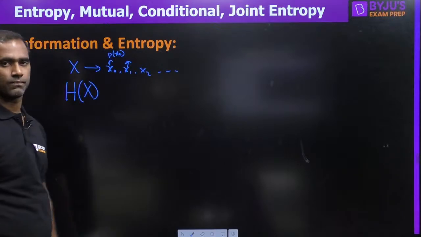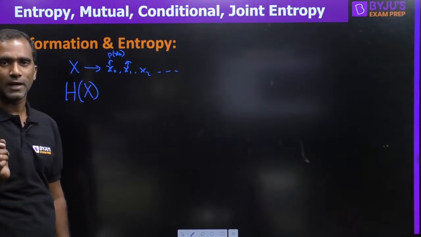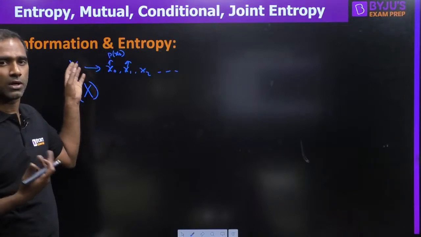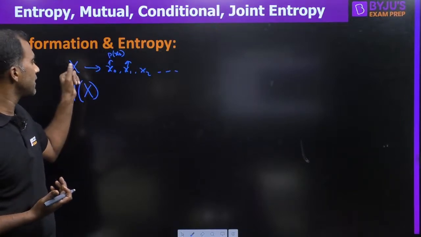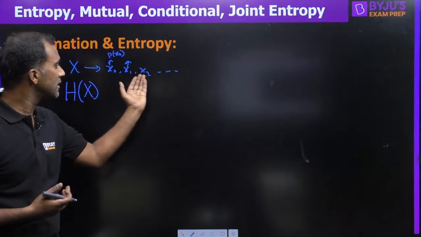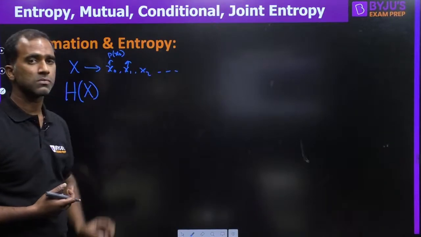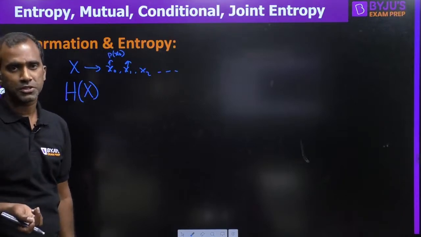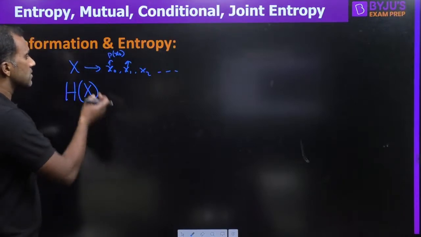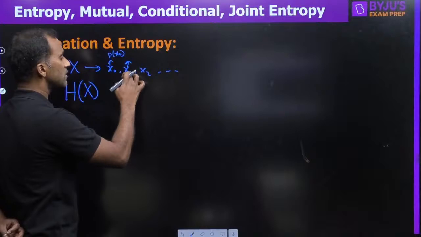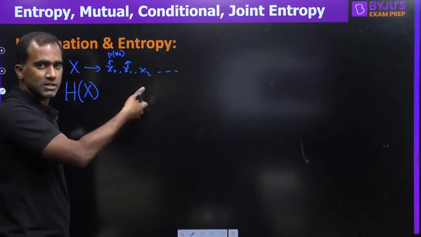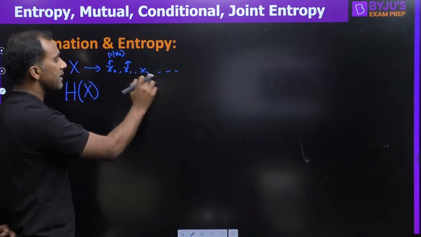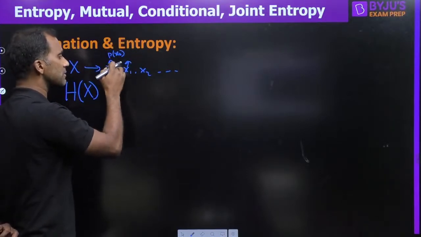H is the notation we use for entropy, whether it is a discrete or continuous random variable. The possibilities of a random variable can be thought of as symbols, as in the previous discussion. Symbol is just a word we use in multiple situations in communication. All the possibilities of the random variable will have probabilities, so every possibility has some information.